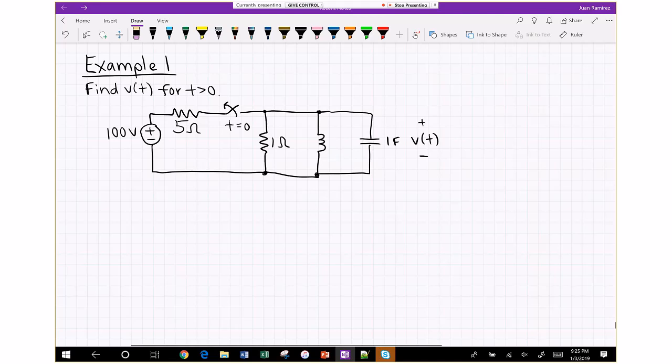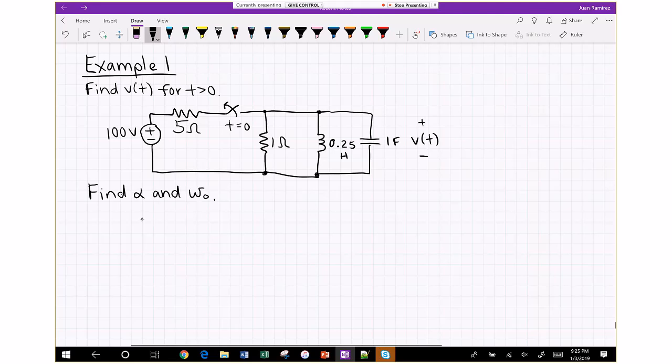Let me clarify that. Alright, so our first step to find that voltage will be to find the damping factor and natural frequency.